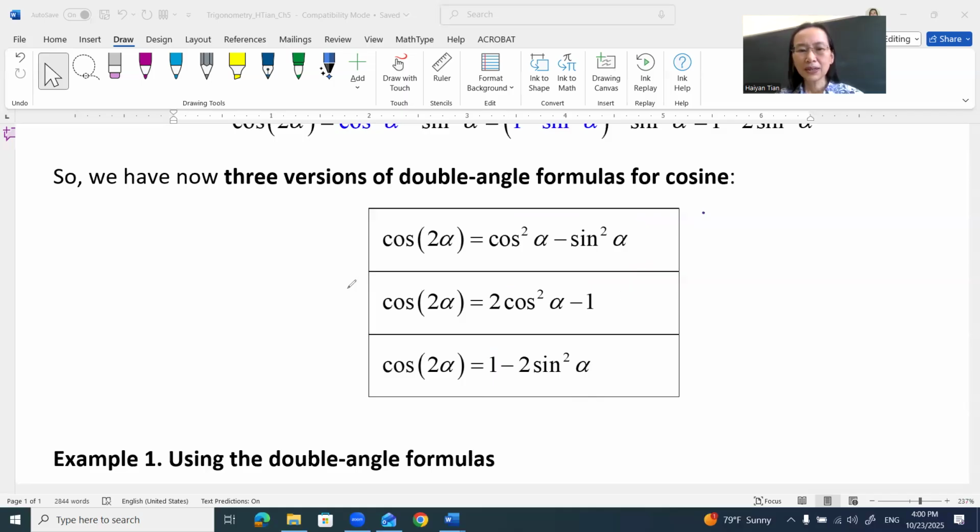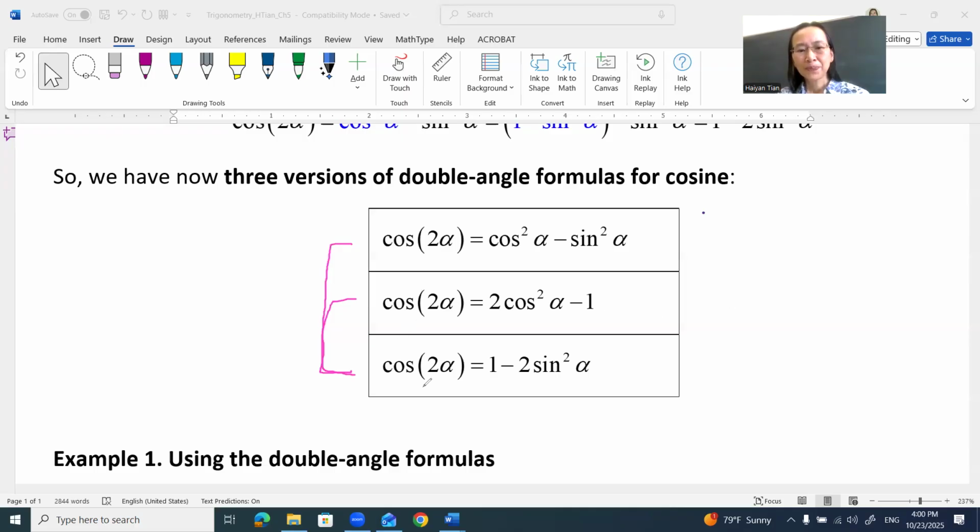So the advantage of the second and third is that, of course, we have three different versions of the double angle formula for cosine.